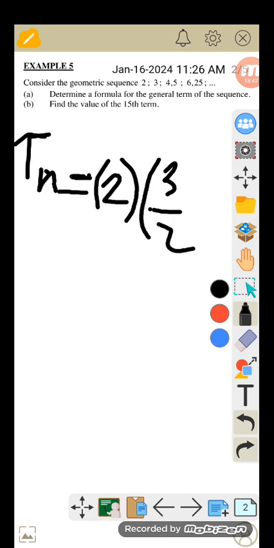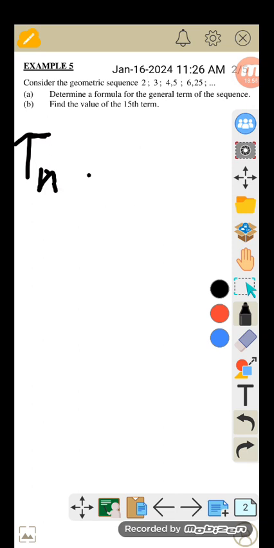Let me just write it here. In fact, n minus 1. I don't know why I cannot write it properly.